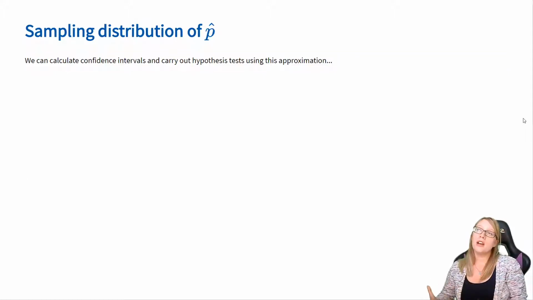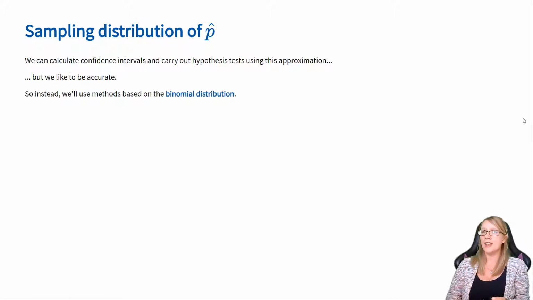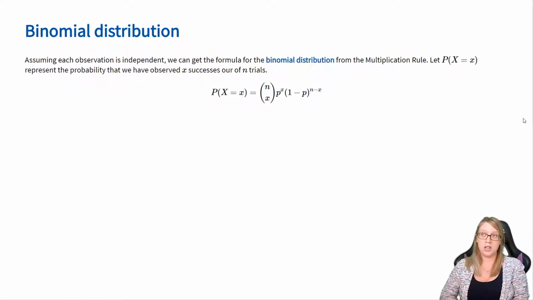Now, we can calculate confidence intervals and do hypothesis tests just using this normal-based approximation. And very often in practice, you'll see people do that. But when we can, now we're using computer-guided methods here like R, so we can be accurate, so let's be a little bit more accurate. Let's look at some methods based on a different distribution, the binomial distribution.